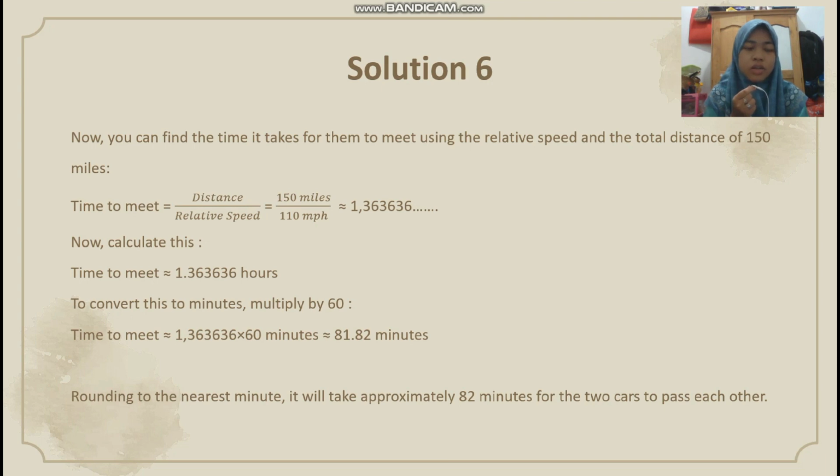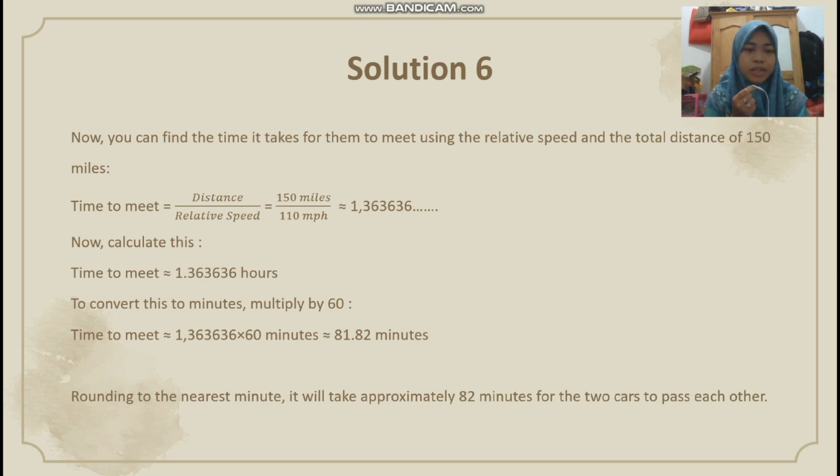1.363636. Now calculate this. Time to meet equals 1.363636 hours. To convert this to minutes, multiply by 60.